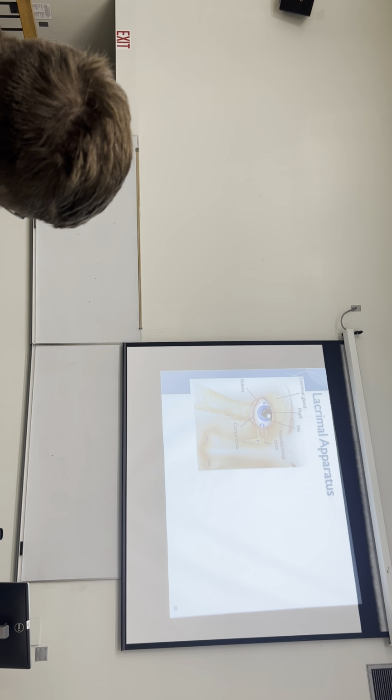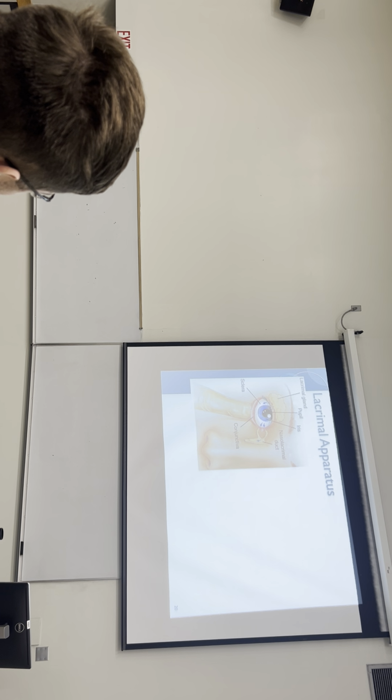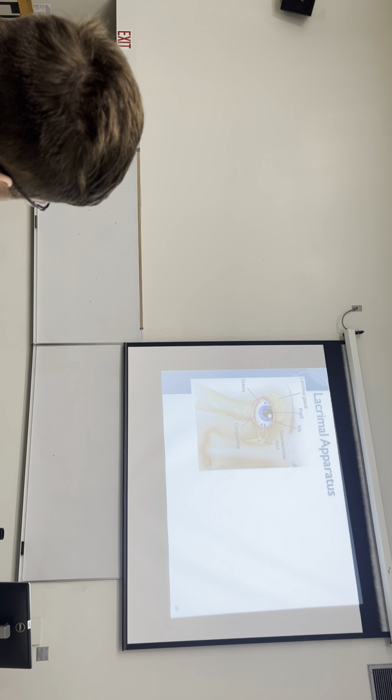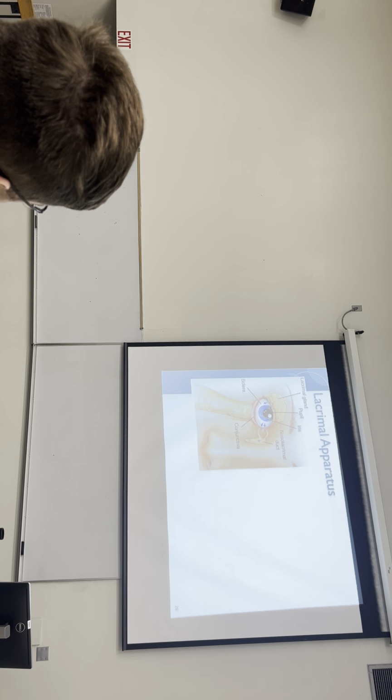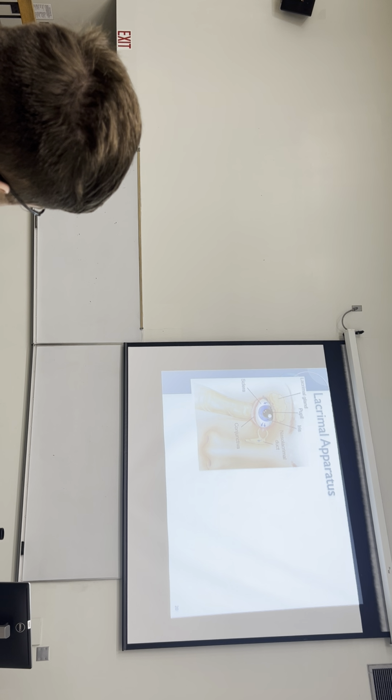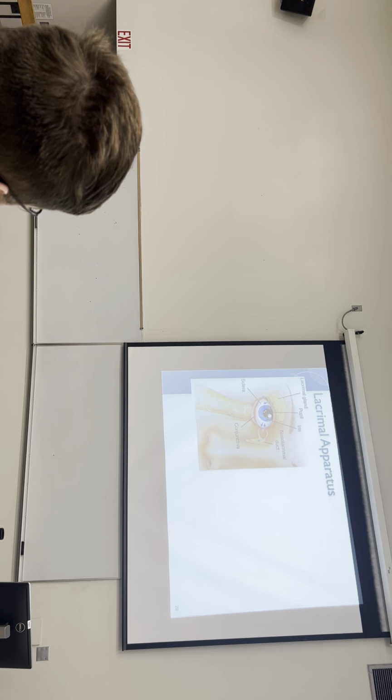The lacrimal apparatus is a collection, that's why they call it apparatus. We have a lacrimal gland, a lacrimal sac, and a lacrimal duct. Lacrimal glands are located on the lateral side and superior to our eyes, about here, while the lacrimal sac is located on the medial side.